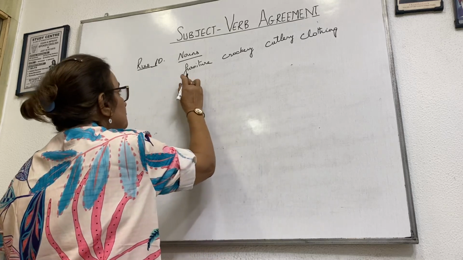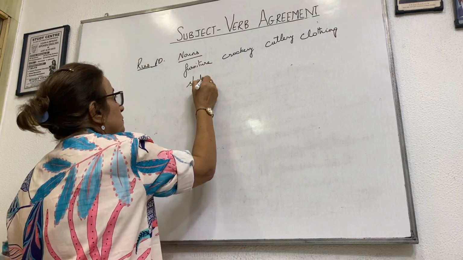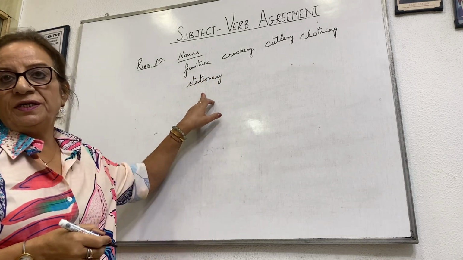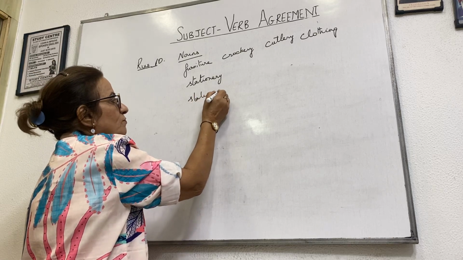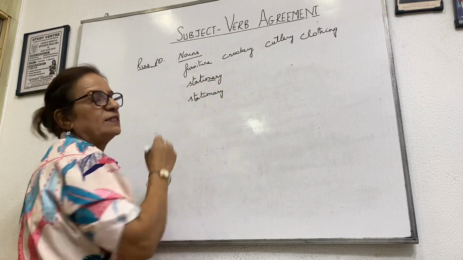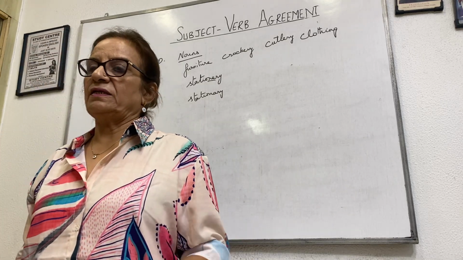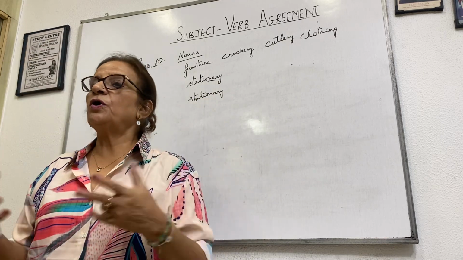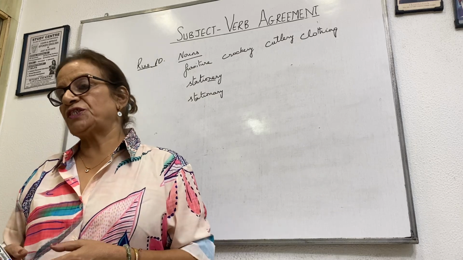Cutlery is the forks, knives, spoons, tablespoon, teaspoons, okay, serving spoons, they are known as cutlery. Okay? Crockery, cutlery, then clothing, then stationery. Now this word stationery, there are two words. Stationary with the ARY and this I have written as ERY. This stationary means standing still, no movement. And ERY means all your books, paper, pencil, notebooks, they all come in stationery.